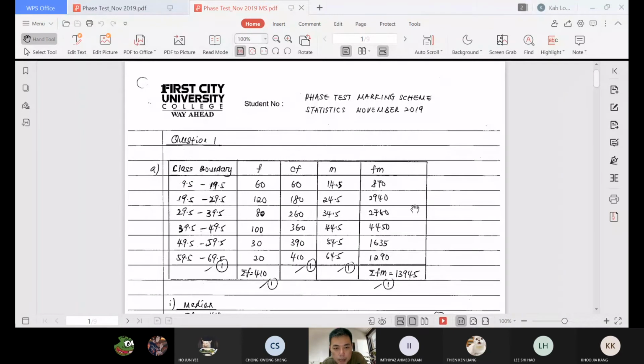He explained I need a class boundary, frequency, cumulative frequency, midpoint, and frequency times midpoint. Then the next question I asked, why do I need midpoint and frequency times midpoint? Ken Liang?